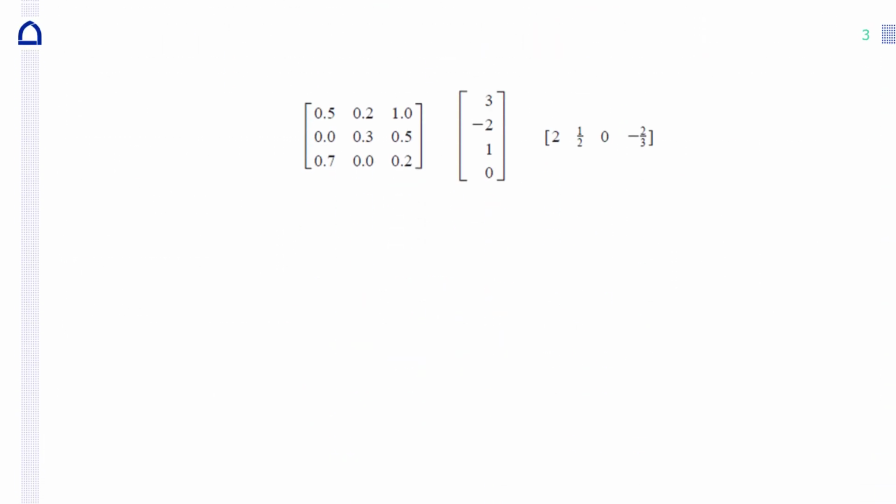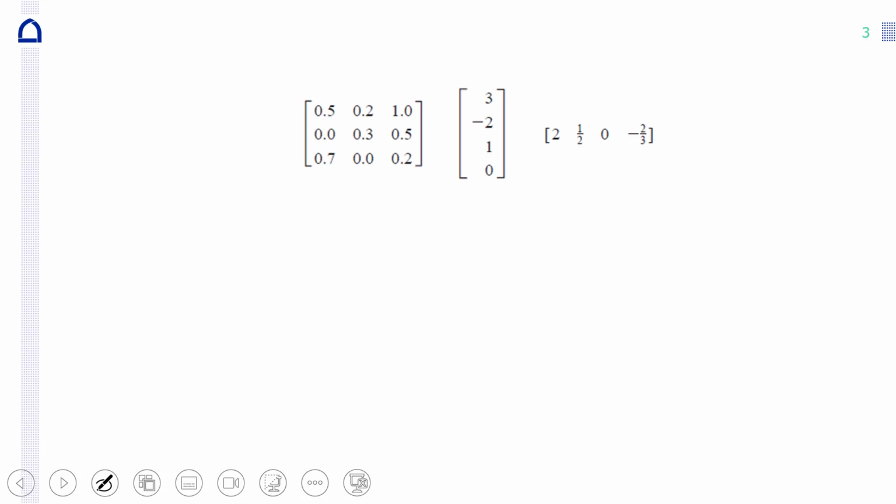Now, if you have this one, this is 3 by 3. The number of rows equals the number of columns, so we call it a square matrix. This one is called a column matrix, because it has 4 rows by only 1 column.